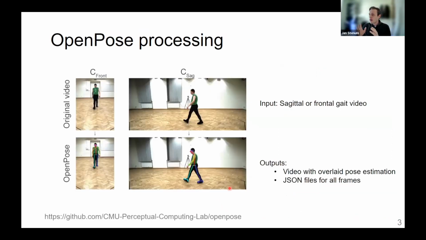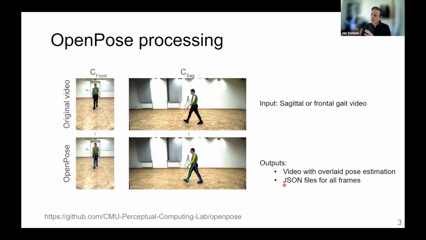In order to take the video and analyze it with OpenPose, in a very rudimentary summary, you would take as input the video that you had just recorded, and the output you would get is the video where the key points have been overlaid as shown by this colored skeleton, and so-called JSON files for all of the frames in the video.